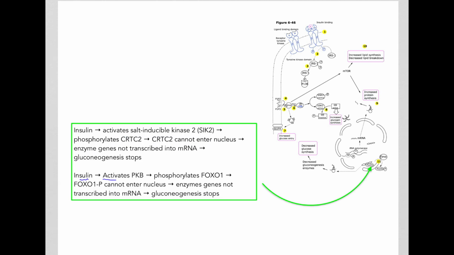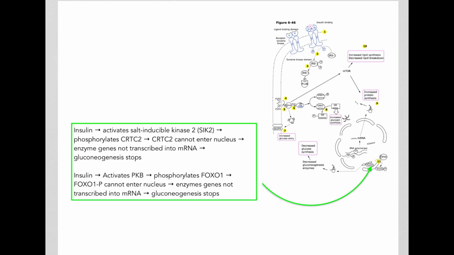Insulin also activates protein kinase B, which then goes on to phosphorylate FOXO1. Now FOXO1 cannot enter the nucleus, and once again the transcription will not happen, the genes will not be transcribed into mRNA, gluconeogenesis enzymes will not be formed, and there will be no gluconeogenesis.